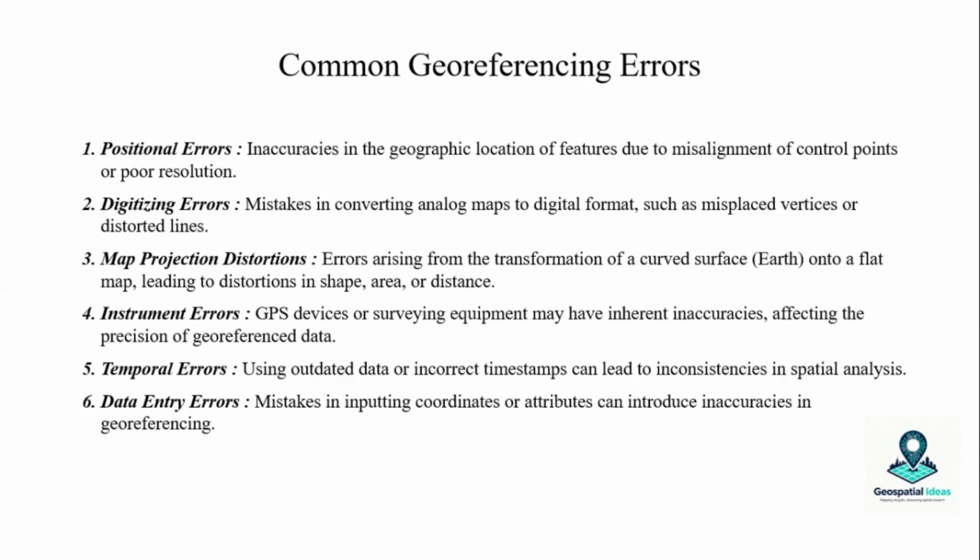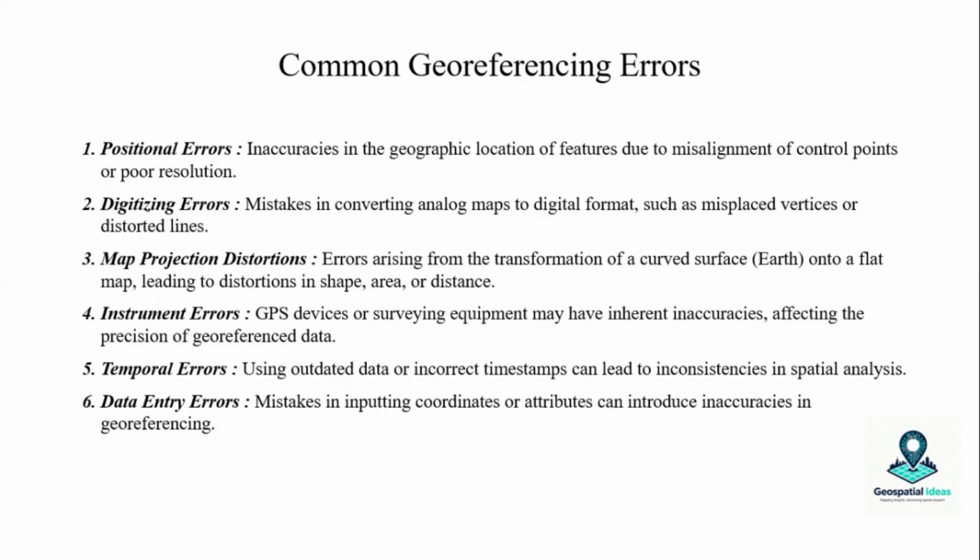Let's assume that you are not using UTM, but you are using maybe WGS 84, which presents the Earth in a 3D format, giving you some curvatures. If you use such projections, they are more likely to give you errors. That is something you need to take into consideration.